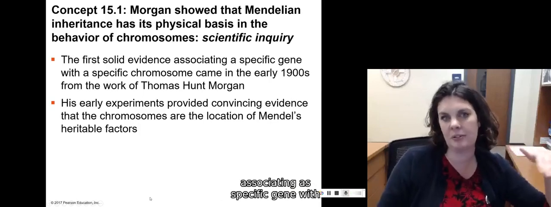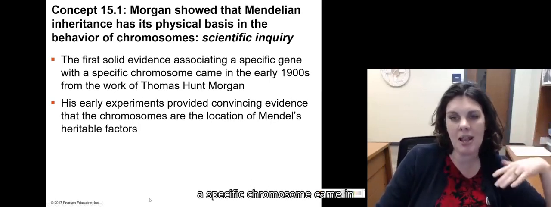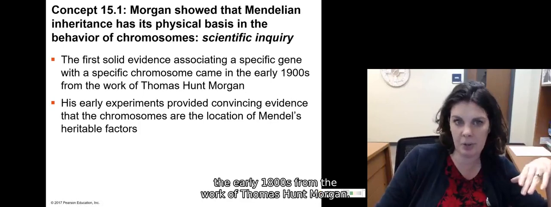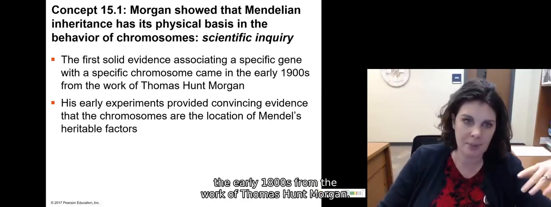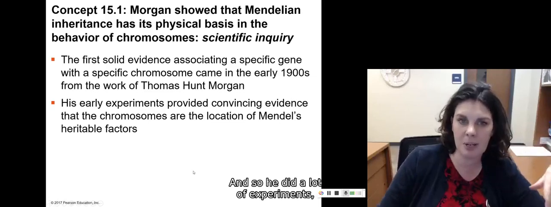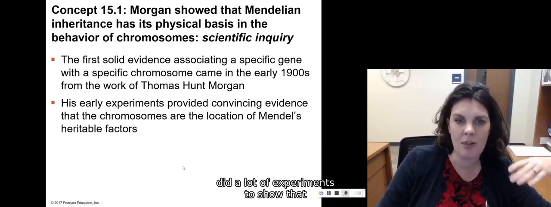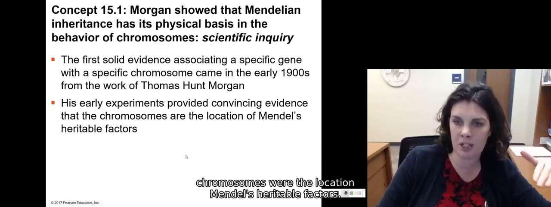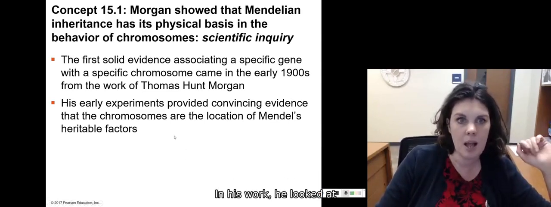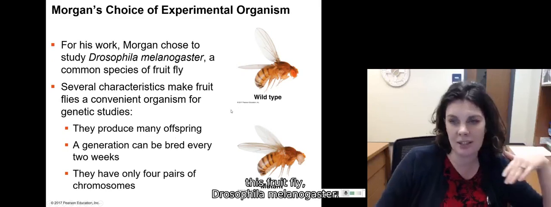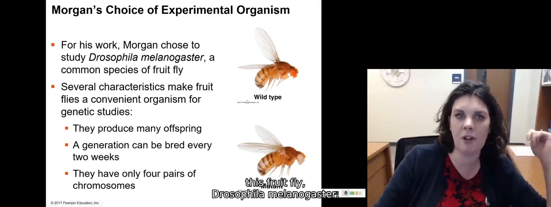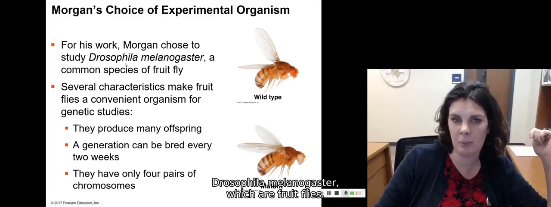The first solid evidence associating a specific gene with a specific chromosome came in the early 1900s from the work of Thomas Hunt Morgan. He did a lot of experiments, along with all the people in his lab, to show that chromosomes were the location of Mendel's heritable factors. In his work, he looked at a fruit fly called Drosophila melanogaster.